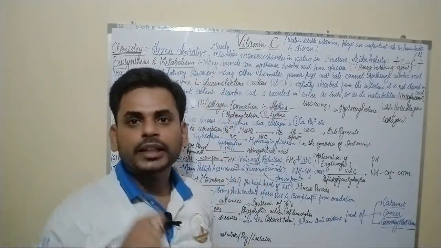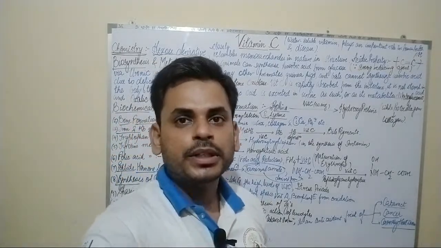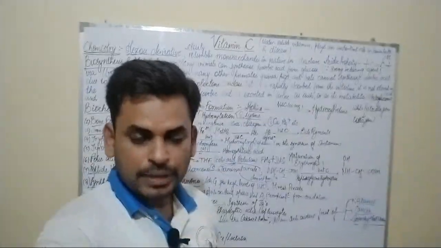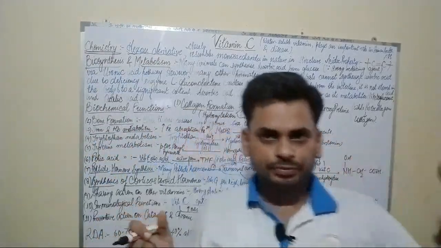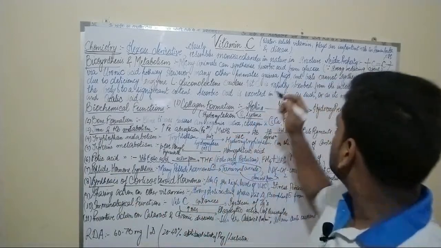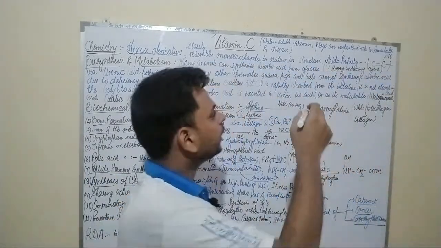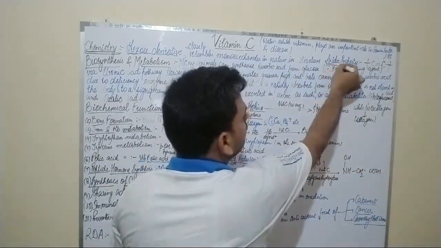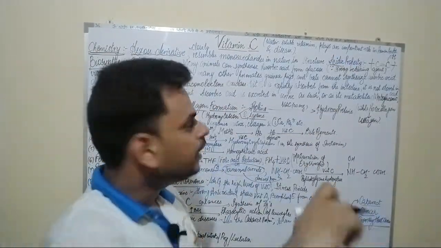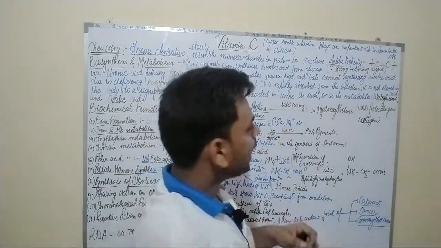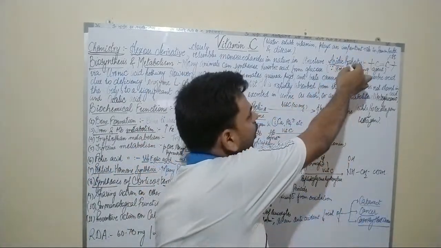And one more thing I would like to specify, students: since the name is acid, it is going to have an acidic terminal. Another very important fact I need to emphasize is the acidic property. In the last I have written the acidic property of this ascorbic acid.